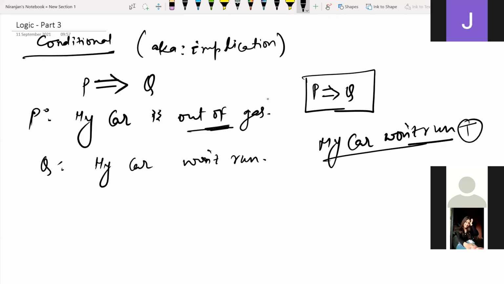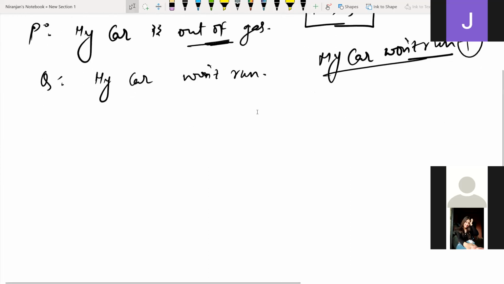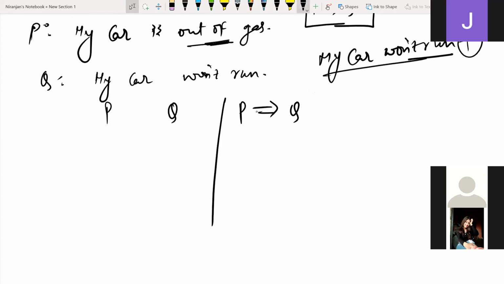So it is very important for you to understand that statement Q being true doesn't mean P should be true, right? So we are going to talk about the truth value right now for conditional. You guys can write down, and we will break them down one by one.